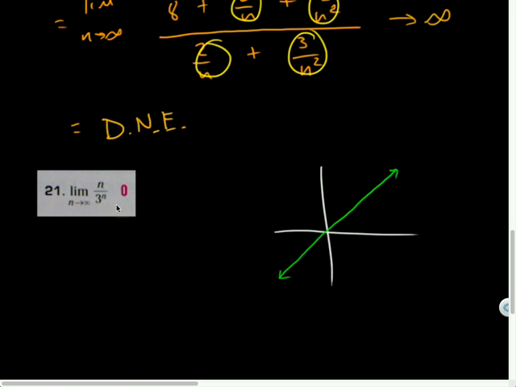Or if I graph the function y equals 3 to the n, that would be small, and then it would just get super steep because it's exponential. So in terms of comparing these things, yes, both numerator and denominator are approaching infinity, but 3 to the n is so ridiculously larger than n that it's almost negligible.